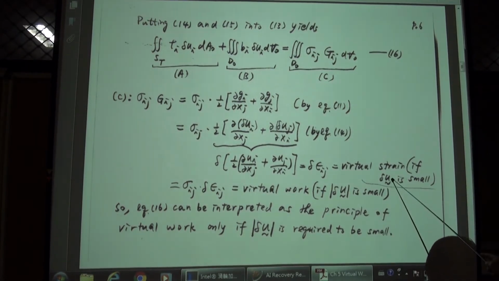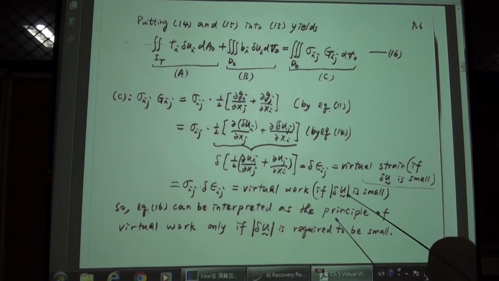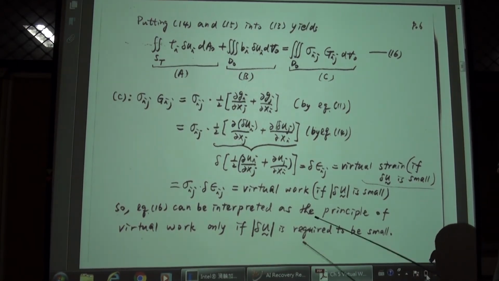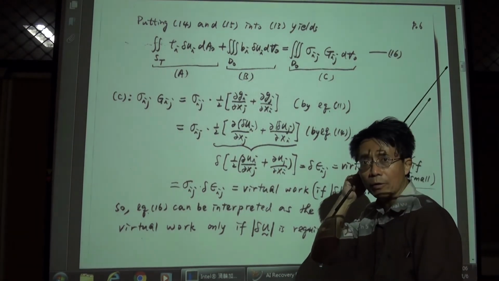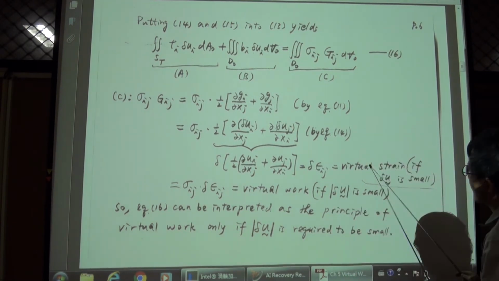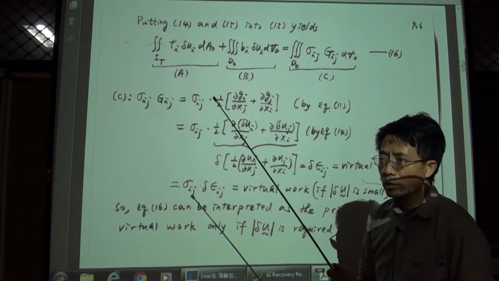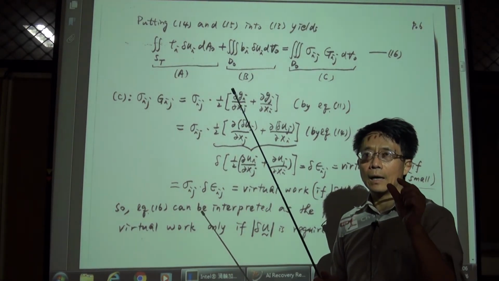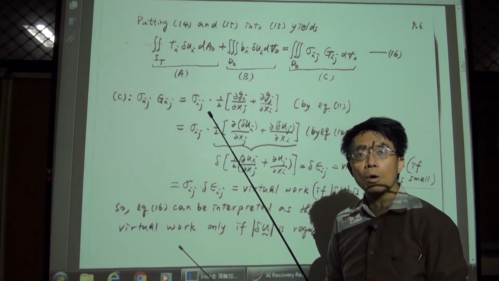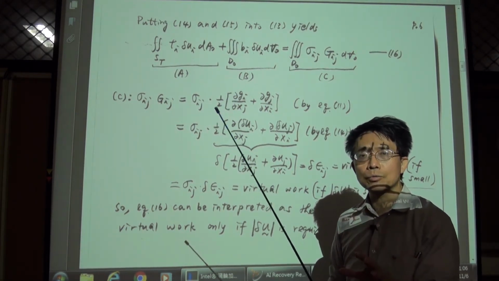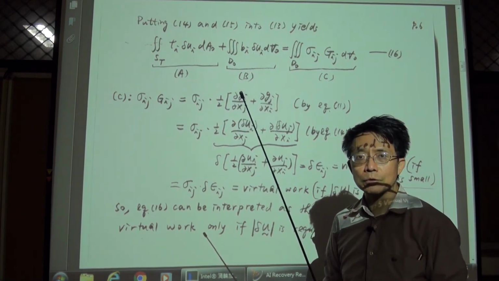If the delta u is small, what do you mean? Do you remember the viewpoint before? This is the classical strain, right? This is the definition of the classical strain. So the displacement involved in the classical strain must be small. Otherwise, the classical strain cannot be a good measure of the deformation, right?